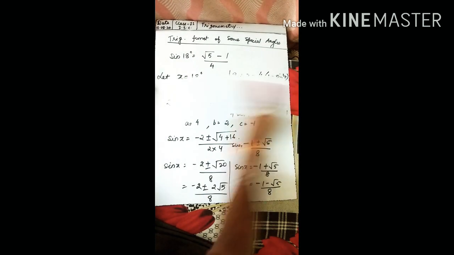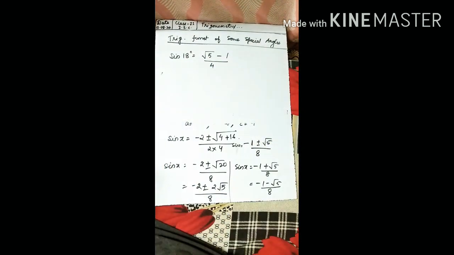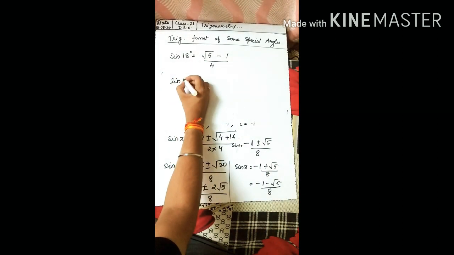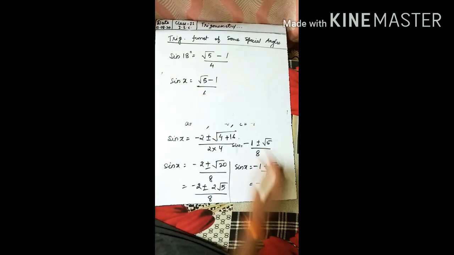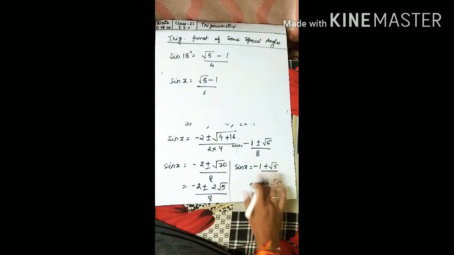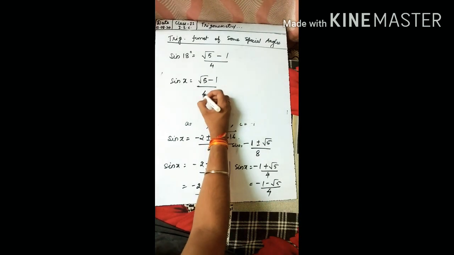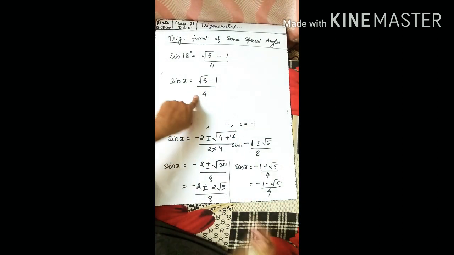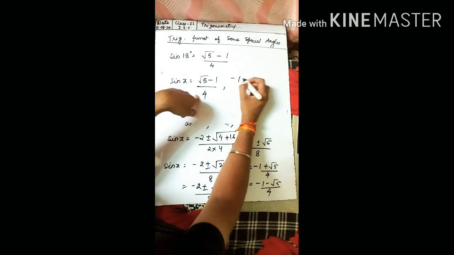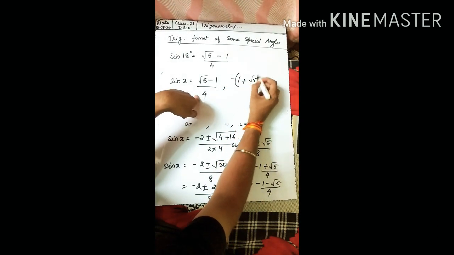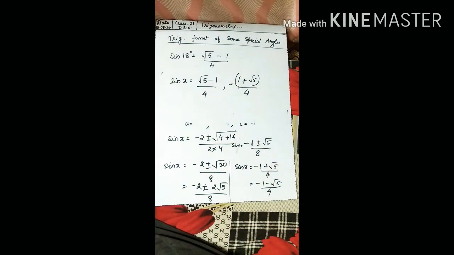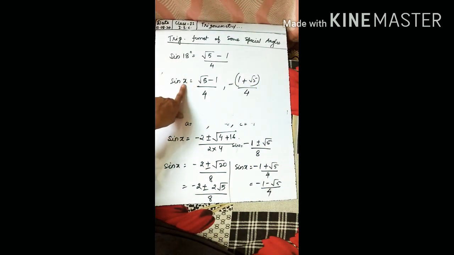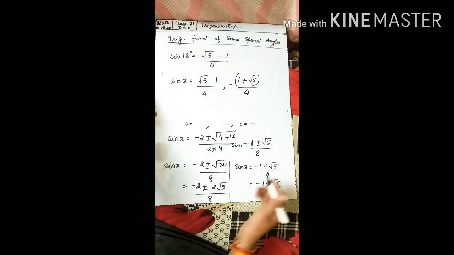Just have a look. This can be written as under root 5 minus 1 upon, sorry, this will be 4. And this is minus of, I've taken minus common. Now put the value of x here, as we have considered x as 18 degree.